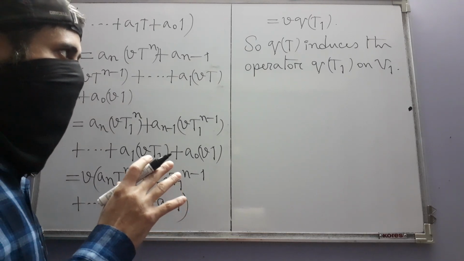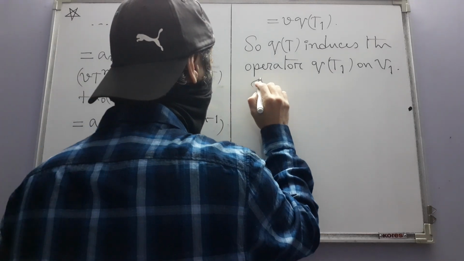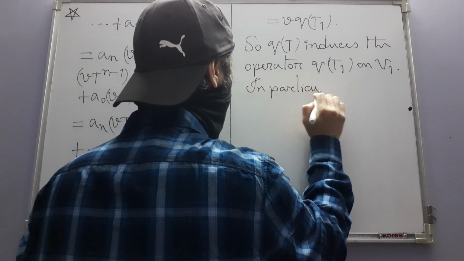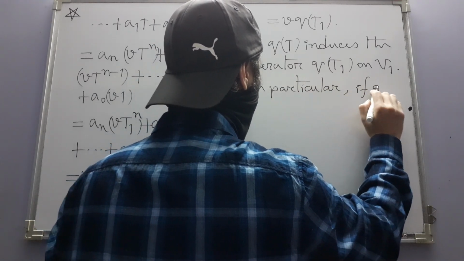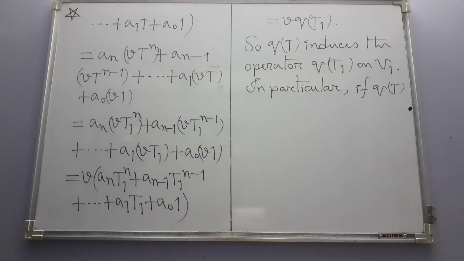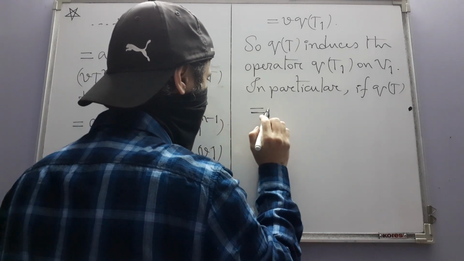Now, a particular consequence of this fact is this. In particular, if Q is an annihilating polynomial for T, that is, when you evaluate Q of T, you get the zero operator.